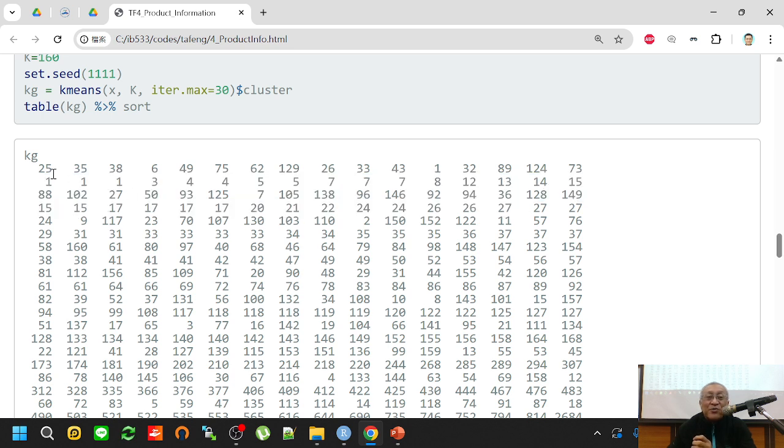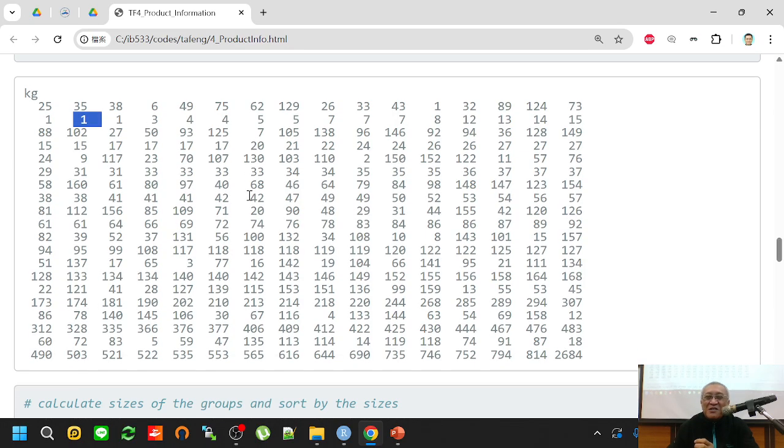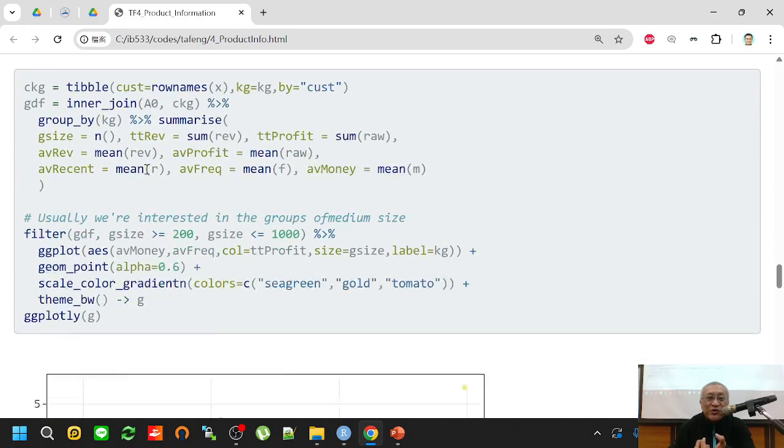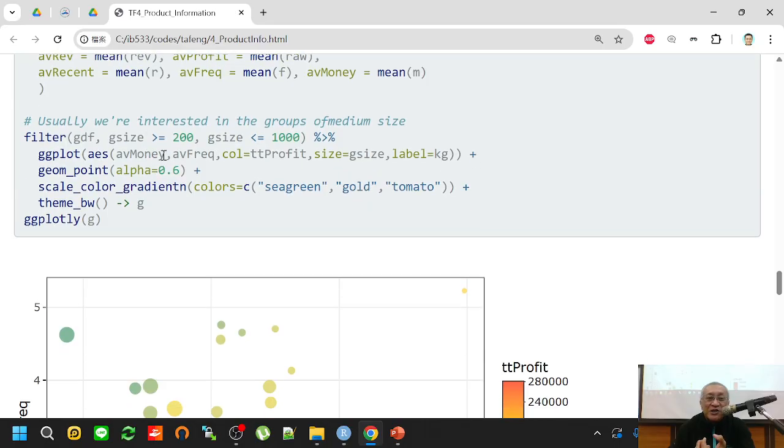For example, group 25 only has one member, and group 37 only has one member. Usually when you do clustering, you will always have some groups of very large size, and some groups of very small size, right? But that doesn't matter, because we can actually specify the size.